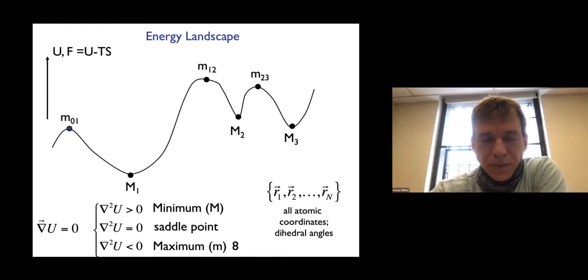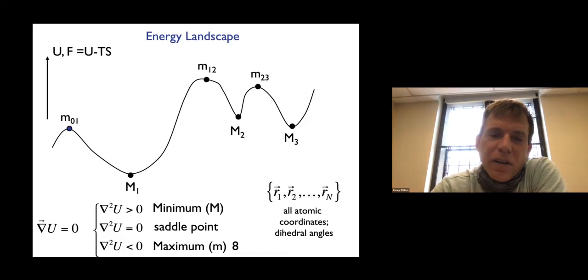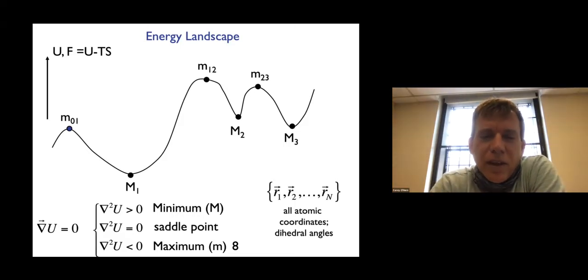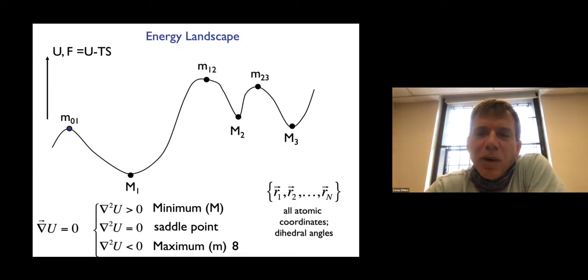The protein folding problem is trying to navigate your way through this energy landscape to find the lowest energy minimum, and not get stuck in a minimum that's higher than the lowest one. In this cartoon, M1 represents the lowest energy minimum, while M2 and M3 are minima, but slightly higher.